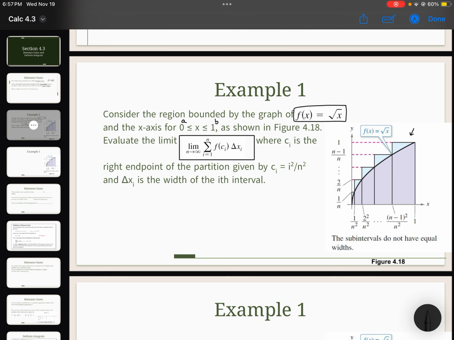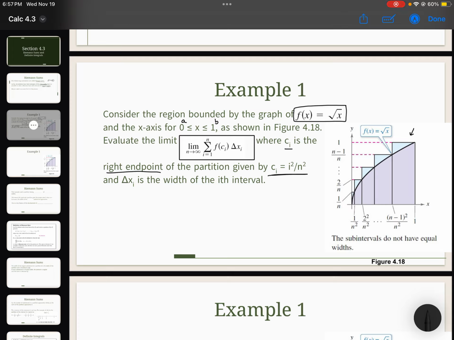But now, ci, instead of just being one of our endpoints, we're going to have to figure out how to construct a width with different intervals. All right, so they're telling us that ci is the right endpoint of the partition given by this. So they are just telling us, hey, use this expression to represent an endpoint.